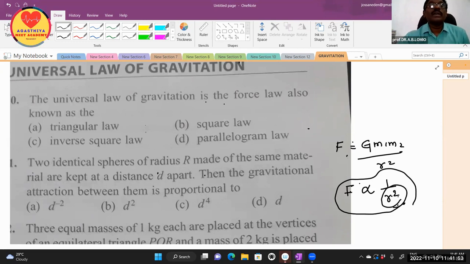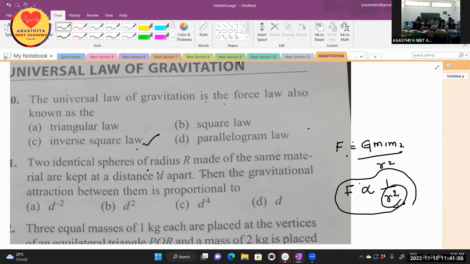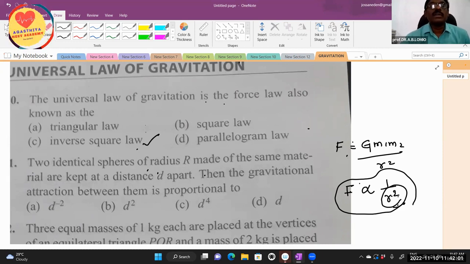Answer is option C. The universal law of gravitation is the force law. It is also known as inverse square law, not square law. Inverse square law. That is correct.